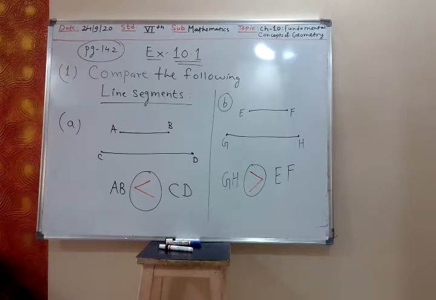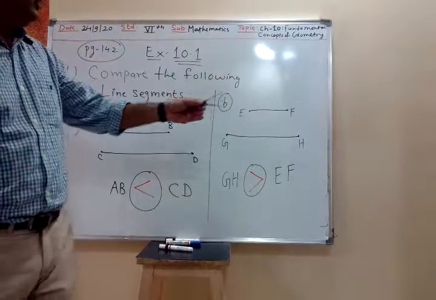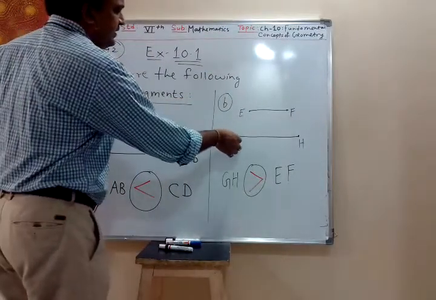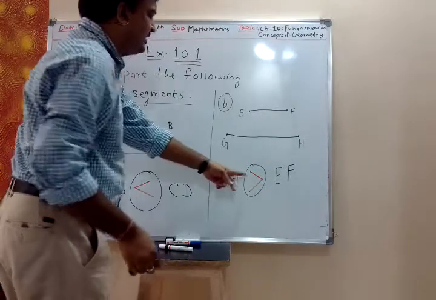GH is bigger than EF. Right. This is my divider. You have to use the divider to measure the length, and whichever length is bigger, that line segment will be bigger.